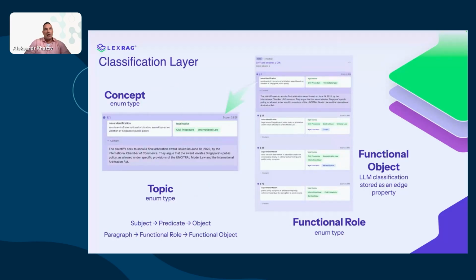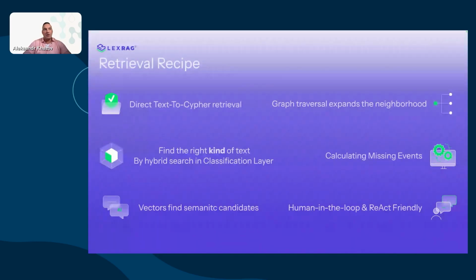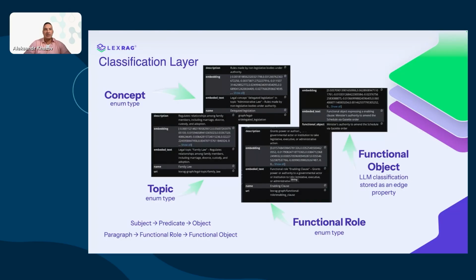So this is the use of the classification layer. As I said, you may see here that in those classification layer nodes, we also have embeddings, which allow us to make indexing and search on those objects.